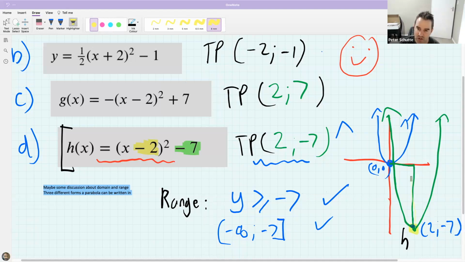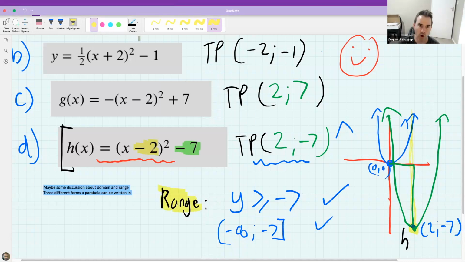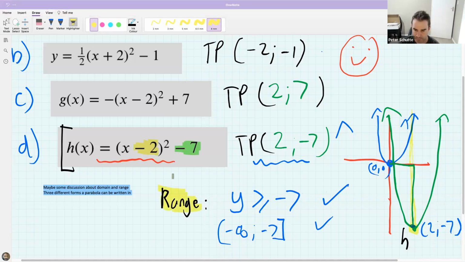And so the range is just the y values that are above that. So y must be greater than or equal to -7, but it can never go below that. And this is another question that they like to ask you about. They ask you about domain and range. So I just wanted to clarify that with you as we did that one. I'll talk about that a bit more later in the lesson.